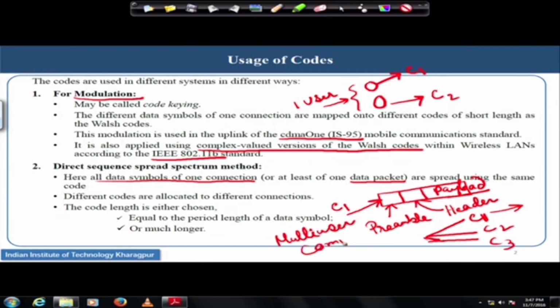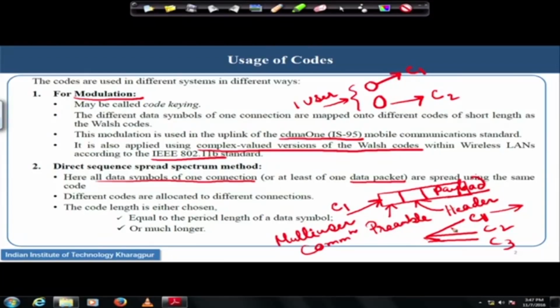Codes utilized for spreading for one user provide resilience against interference and jamming, and at the same time, different codes allocated to different users not only give resilience from interference or jammers, but also provide very good protection from co-channel interference, from the co-users or co-network users. The code length in such a scenario may be chosen in two ways.